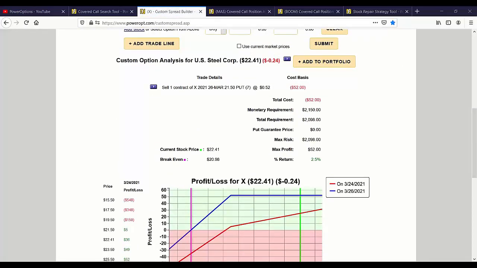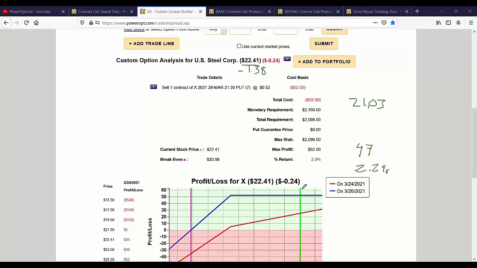For our covered call position, we had to put out 21.03, right? Yes, 21.03, I'm sorry. It was 21.03 because we would have bought the stock at 22.41 and sold the call for 138. Stock's trading above it, we get assigned at 21.50. We would have made the $47 or 2.2% return if assigned.